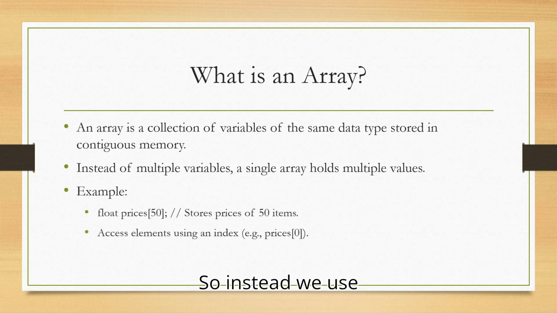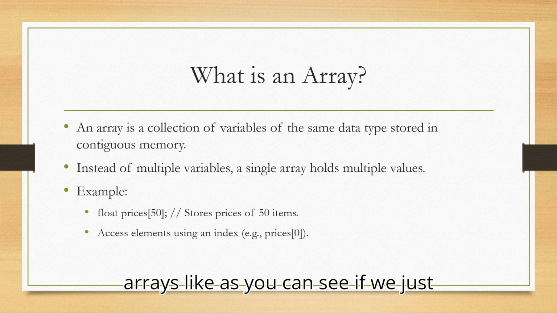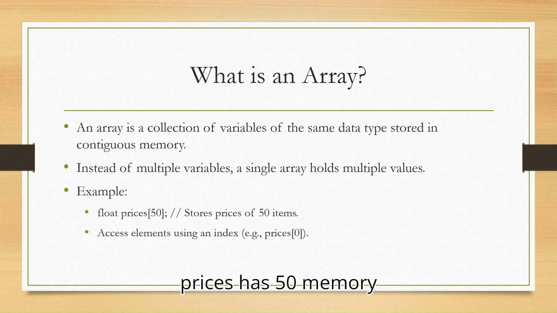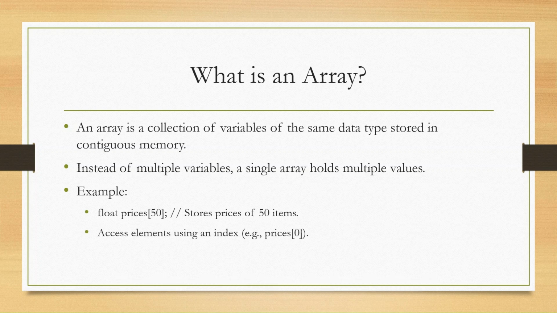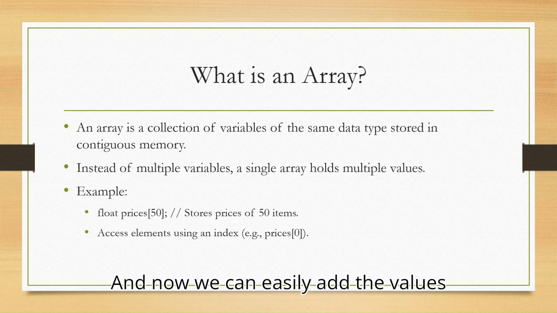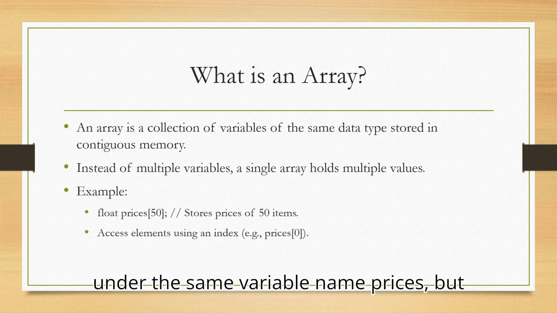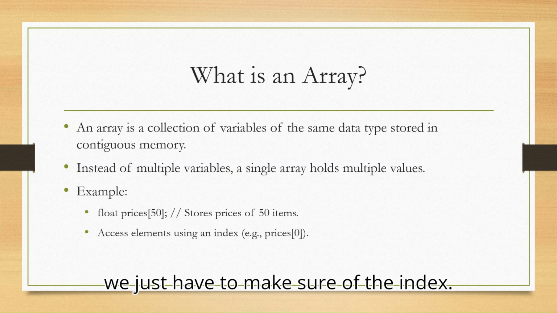So instead we use arrays. As you can see, if we just give float prices[50], this means that the variable named prices has 50 memory locations allotted to itself, and now we can easily add the values under the same variable named prices, but we just have to make sure of the index.